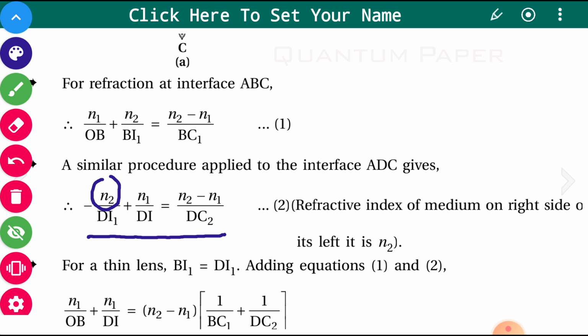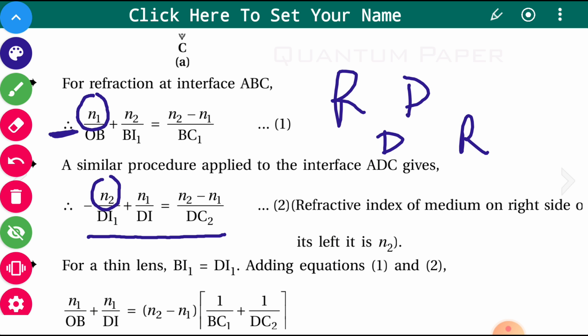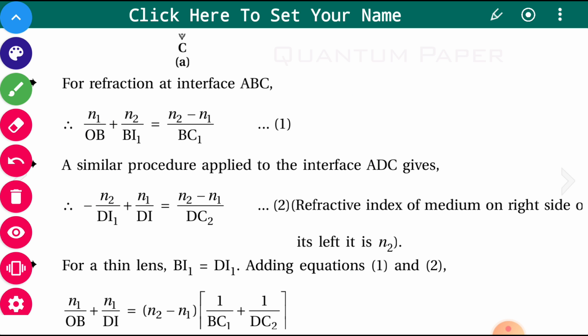In the beginning the rays were moving from rarer medium to denser medium, therefore n1 was taken first, so minus was kept by us. Initially it was from rarer to denser, now it is going from denser to rarer. That is why first we have put this n2, and according to our equation we have kept the negative sign also. Here also we have to put the negative sign.